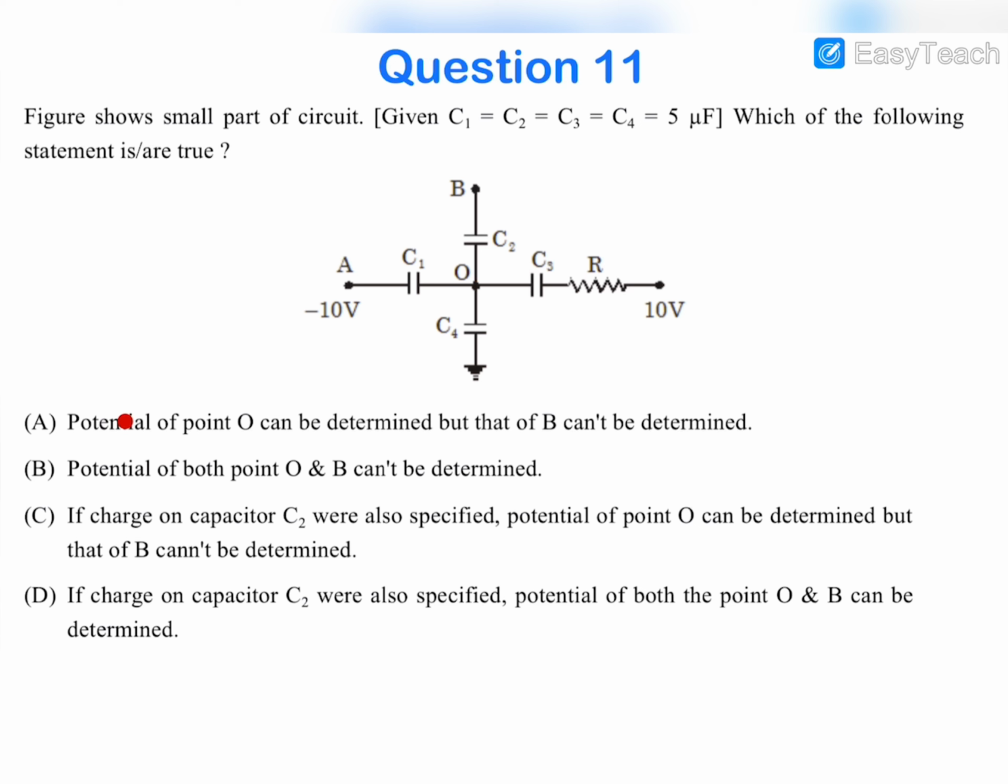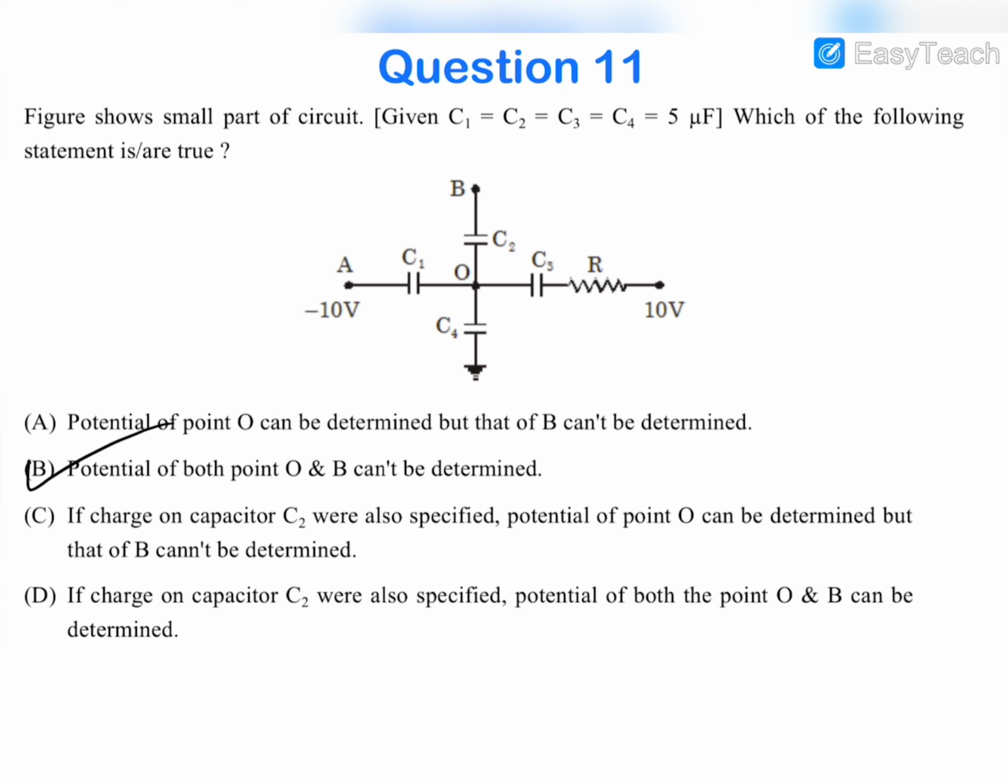So option A says that the potential of O can be determined, but the potential of B cannot. We cannot determine the potential of O without knowing the potential of B. Similarly, if the potential of B and O can't be determined, obviously this is the correct option.